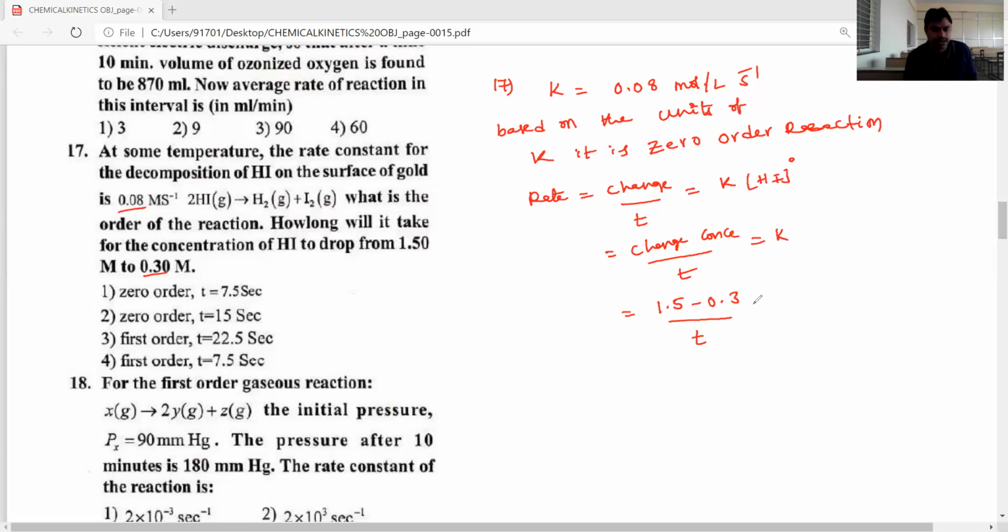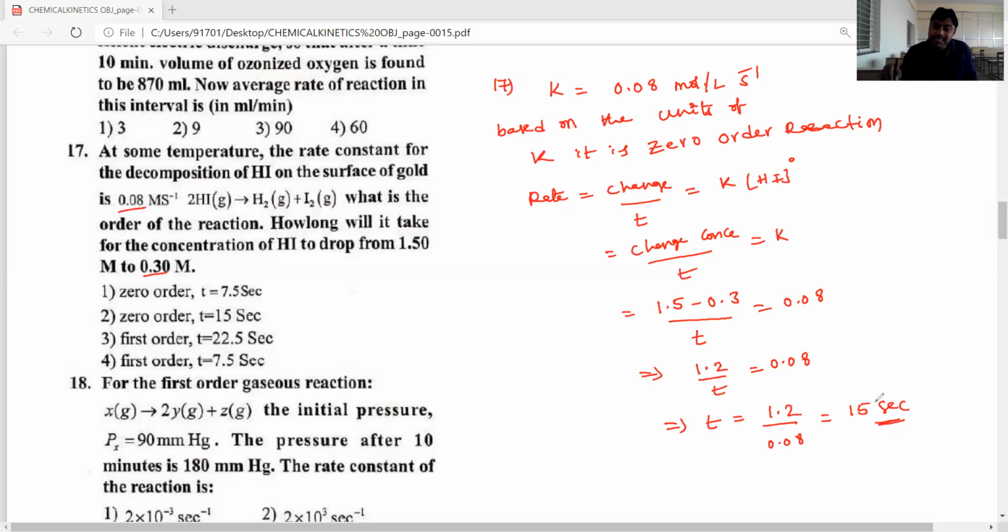So the time we have to find is, equal to 0.08, 1.5 minus 0.3 which is 1.2 by T is equal to 0.08. Sorry, T is equal to 1.2 by 0.08. On simplification, we get 15 seconds.